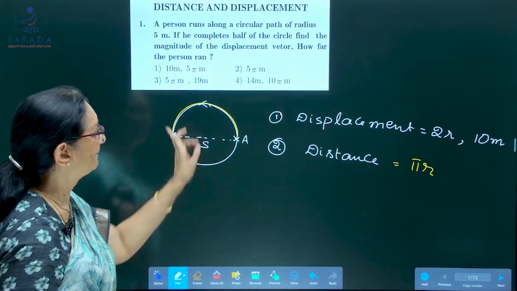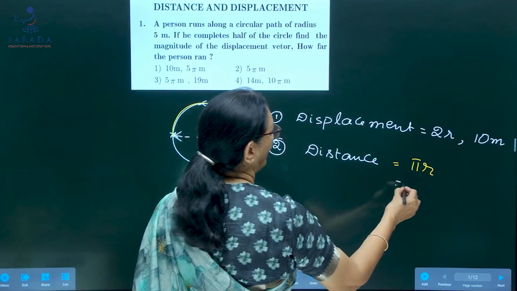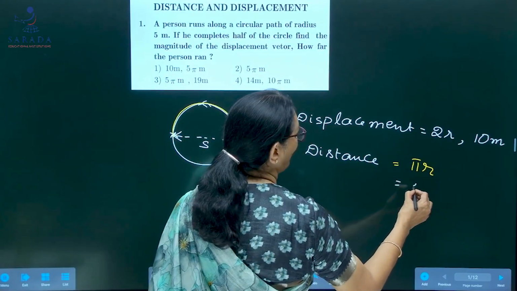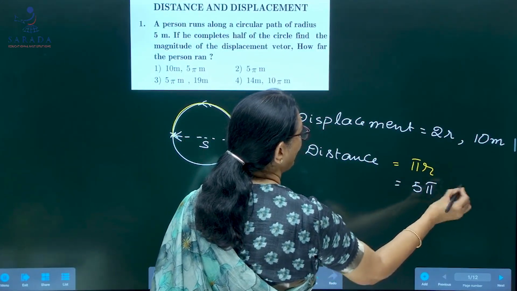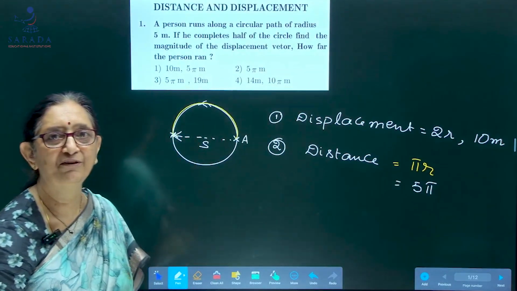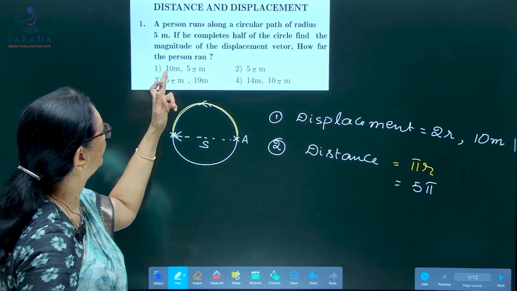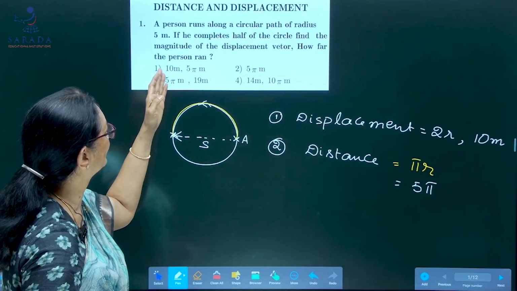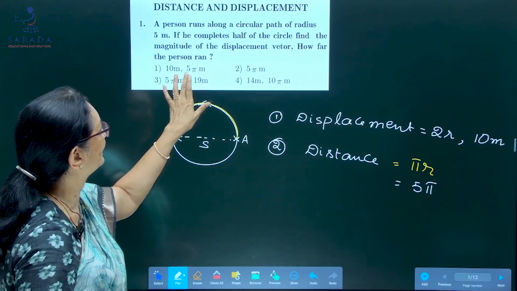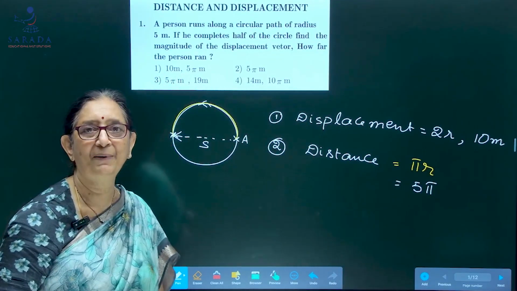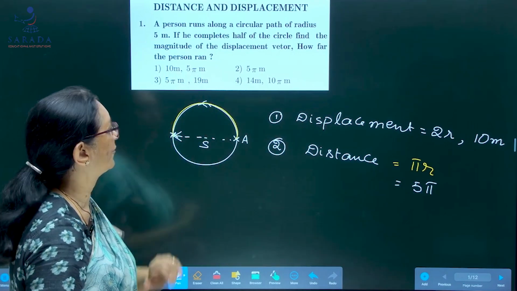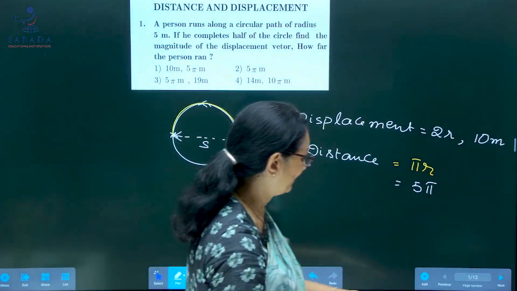Distance is pi r, so as r is 5, distance travelled is 5 pi. Okay, that is the answer. So, displacement magnitude is 10 meters and distance travelled is 5 pi meters. So, the first option is true for that problem.